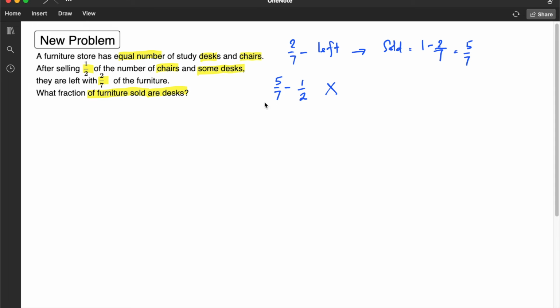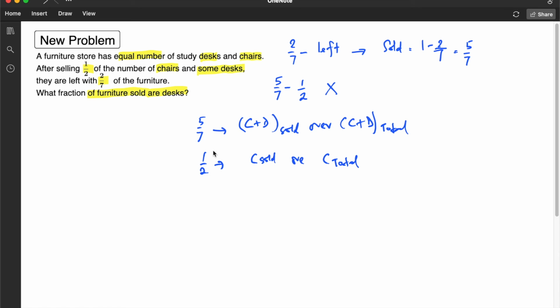Why is that so? It is because this 5 over 7 is a fraction of the number of chairs and desks that are being sold, over the total number of chairs and desks. But half is the number of chairs that are being sold, over the total number of chairs.